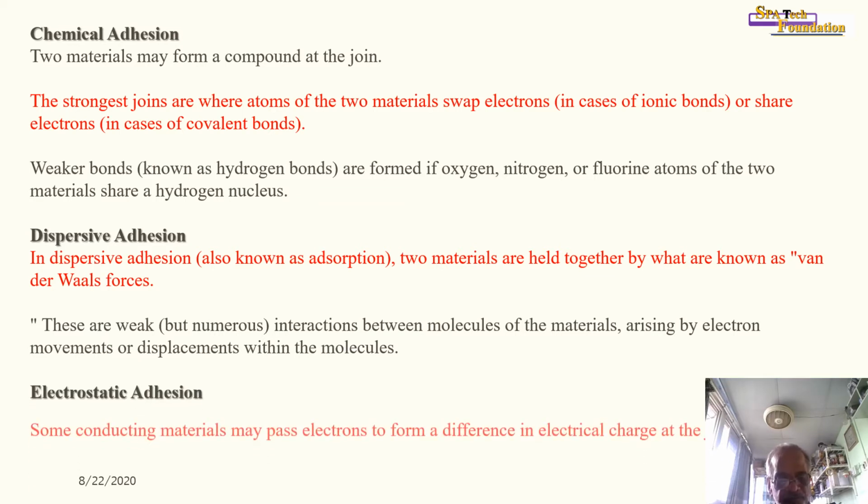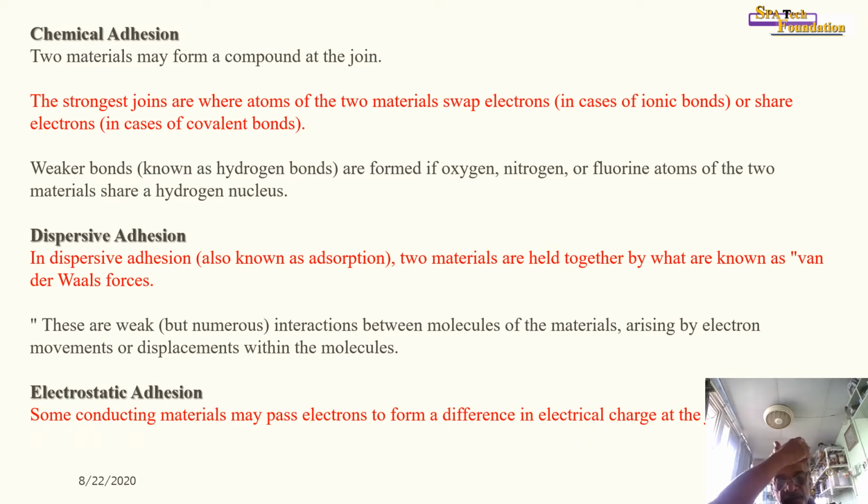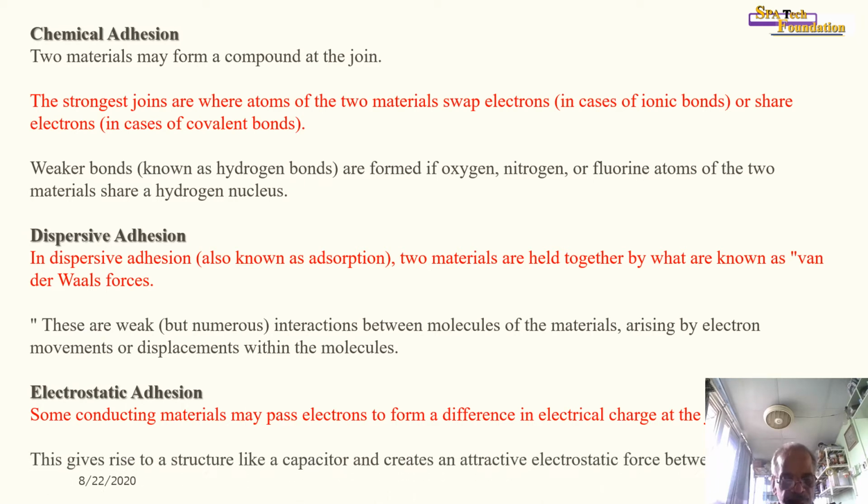Electrostatic adhesion. Some conducting materials may pass electrons to form a difference in electronic charges at the two surfaces. This gives rise to a structure like a capacitor and creates an attractive electronic force between the two.